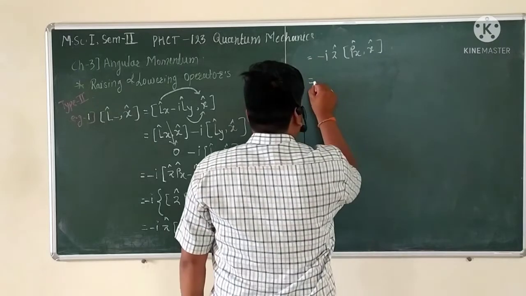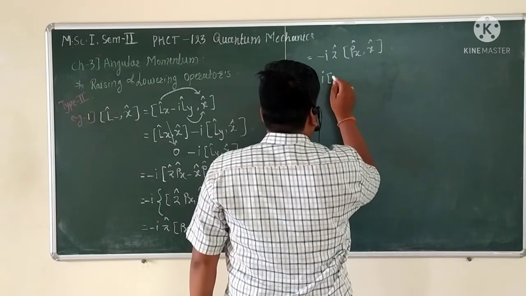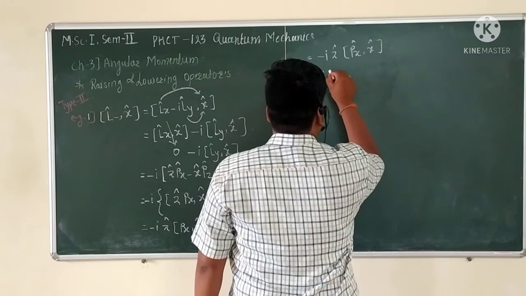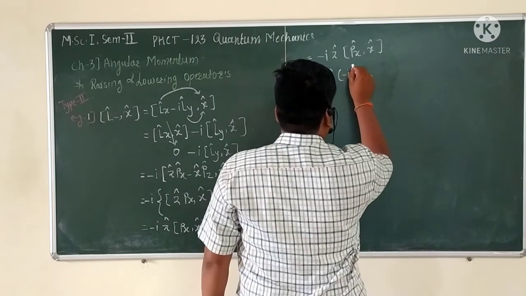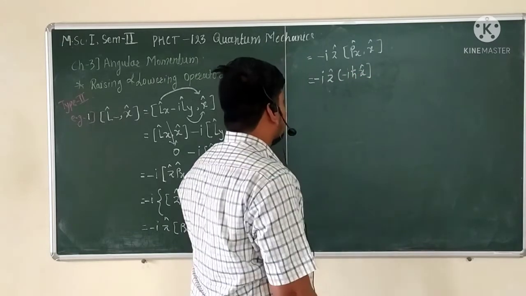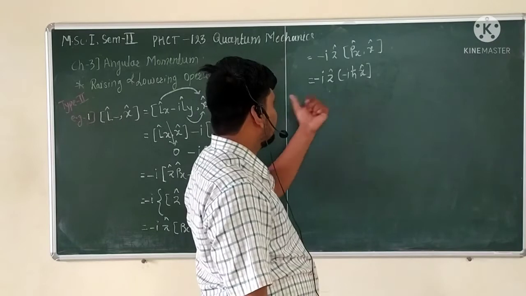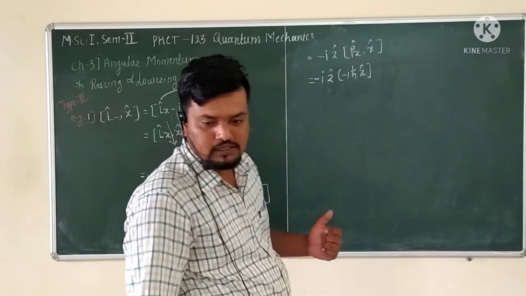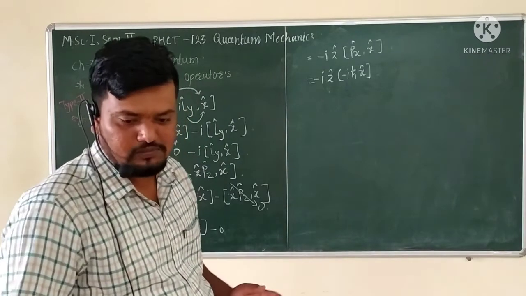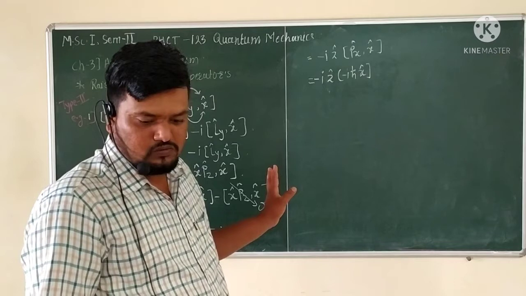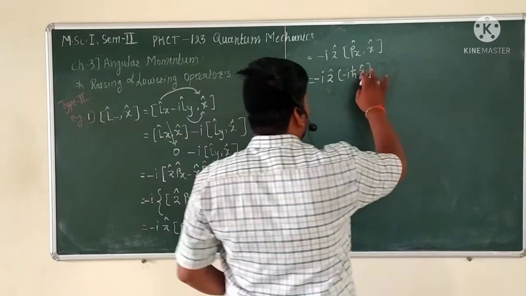This becomes minus I into z cap into minus I h cross of x cap, so minus minus gives plus.